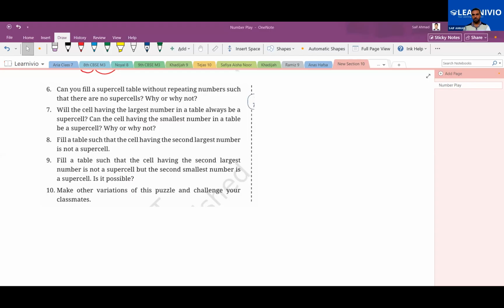Now, a table says that a cell having the second largest number is not a supercell, but the second smallest number is a supercell. Is it possible?